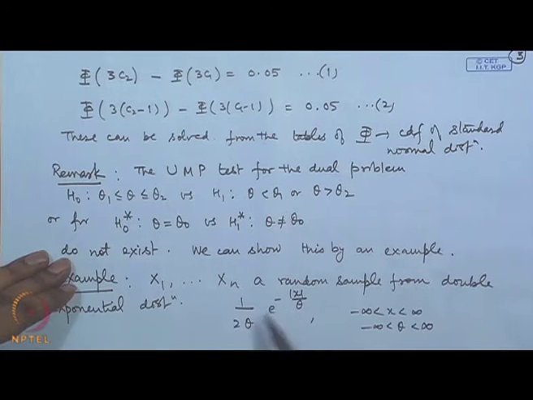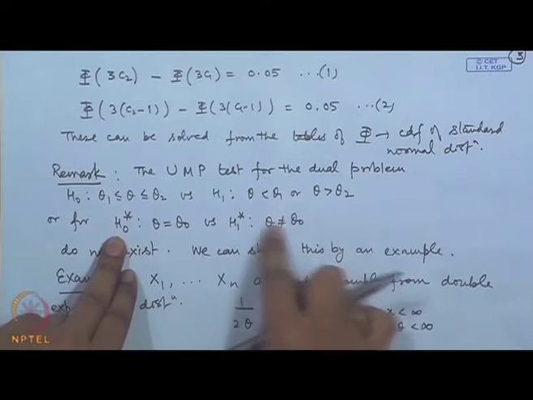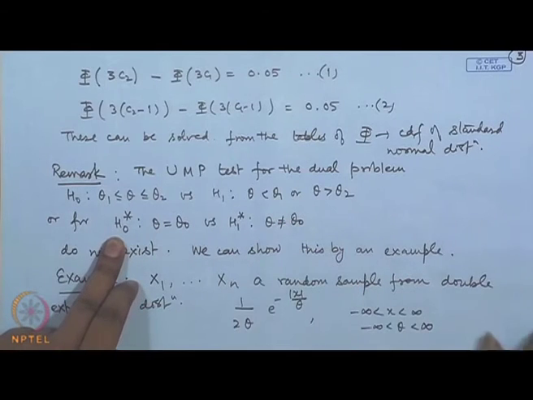We discussed this problem in the previous lecture, where I demonstrated the UMP test for the one sided testing problem, theta less than or equal to theta naught against theta greater than theta naught. Now, I will show that if I consider this type of hypothesis, the UMP test does not exist.